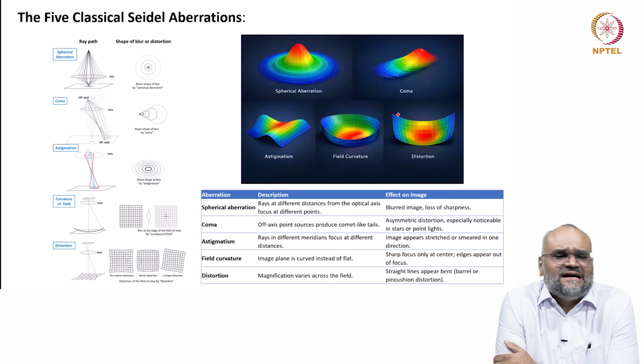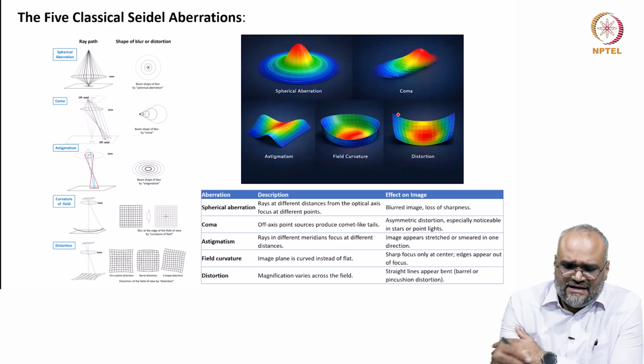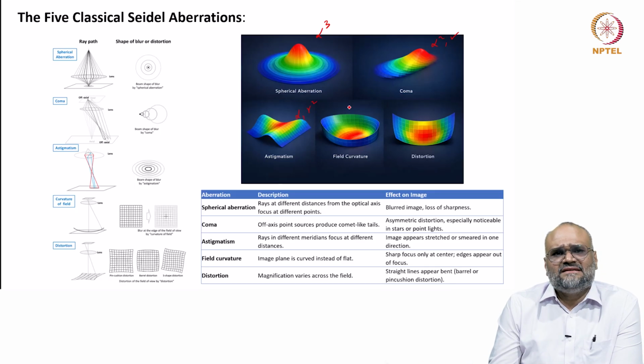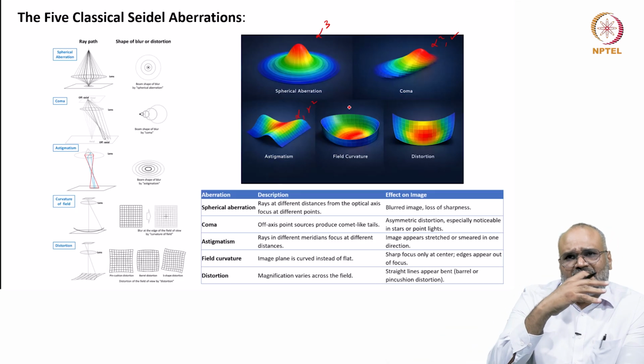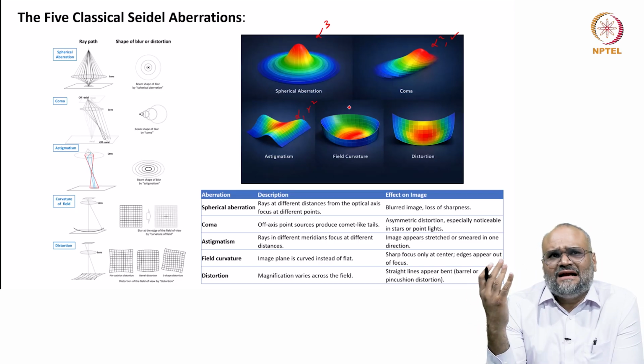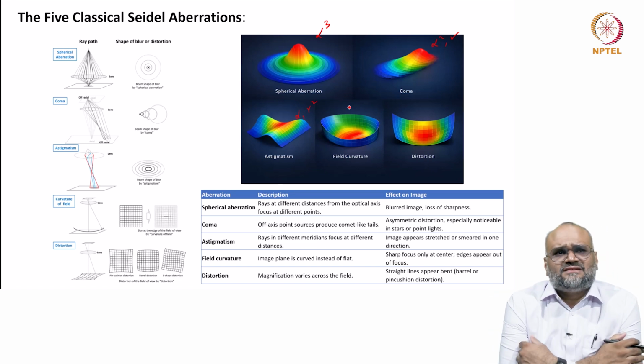You call them spherical aberration, coma, astigmatism, field curvature and distortion, and each of these can be written in terms of polynomials. For example, spherical aberration is alpha cube, and astigmatism and coma are alpha square r and alpha r square, and so on. From these you can see that correction of aberration is modulating the wavefront and compensating for these distortions of the wavefront.